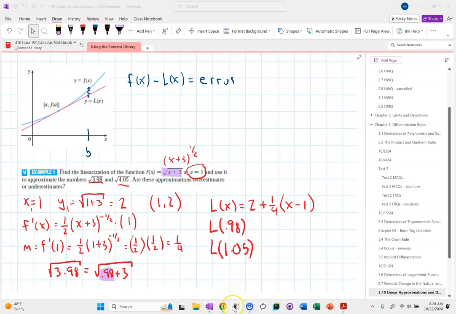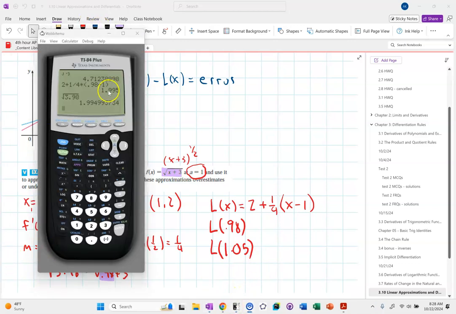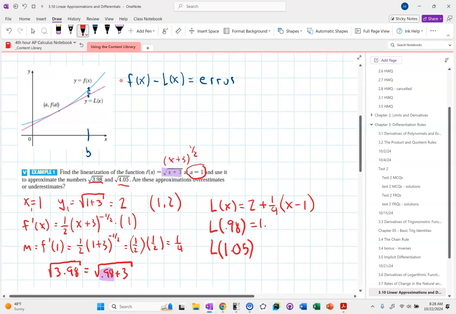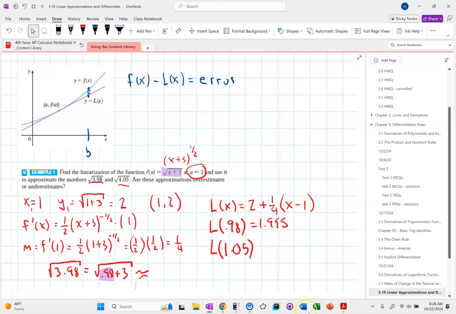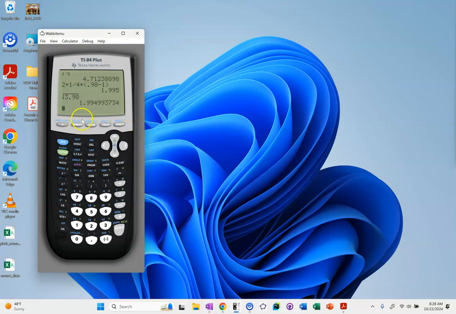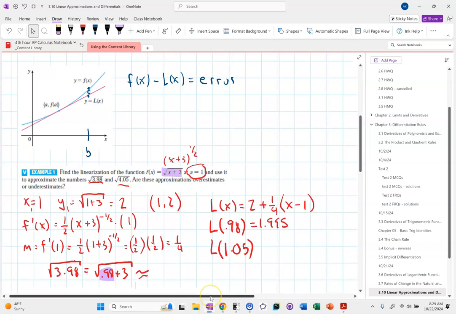So if I plug these into my calculator, I can see that my linearization gives me 1.995, and my actual exact value was 1.99499, etc. So I can see that this is a slight overestimate.